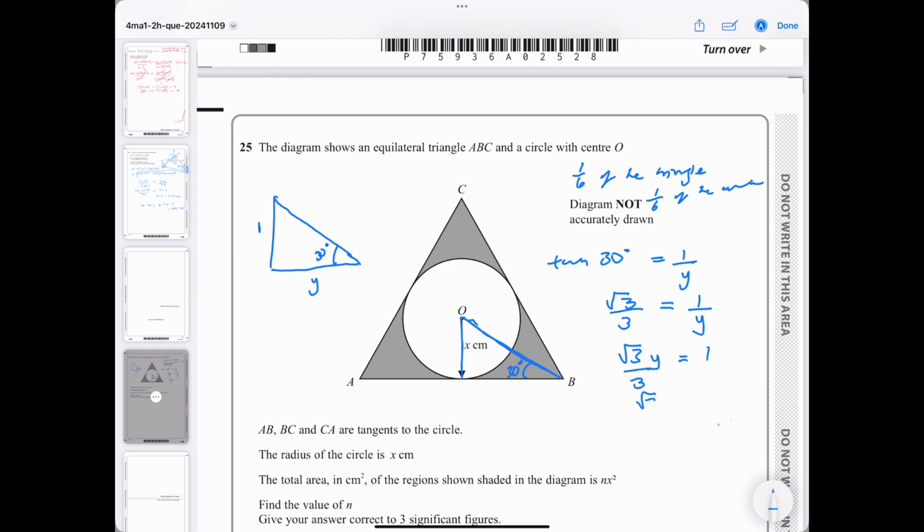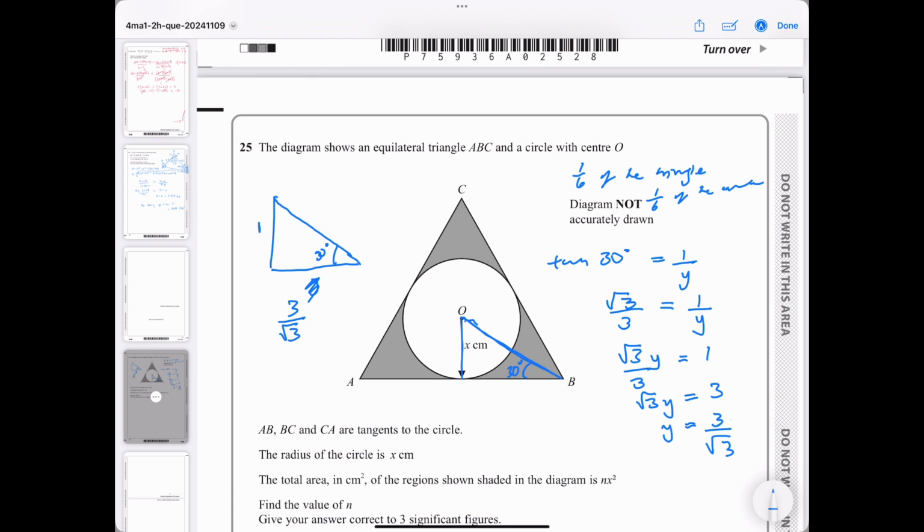So √3y equals 3, and y equals 3 over √3. Now I know I'm not meant to leave that like that, but I don't care right now. So what I now know is that that bit is 3 over √3.